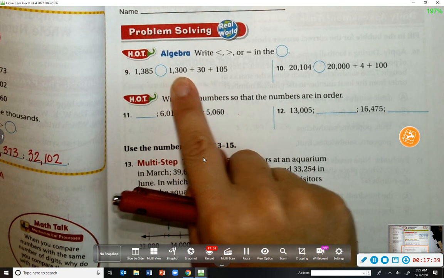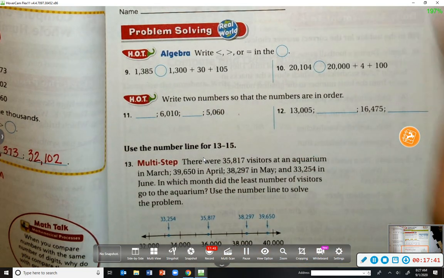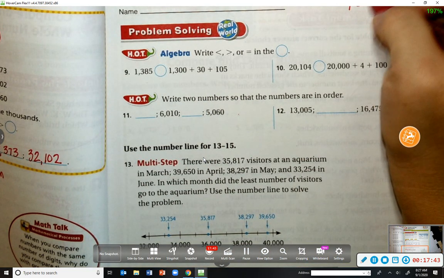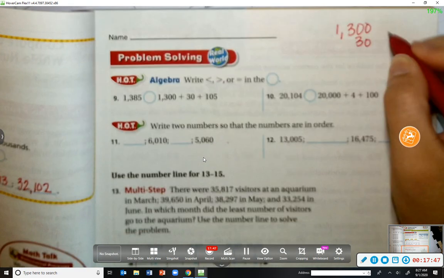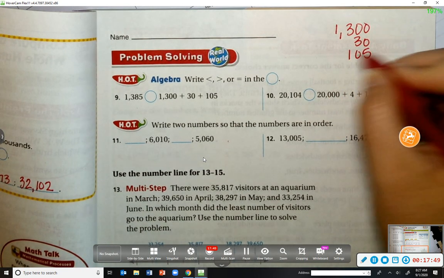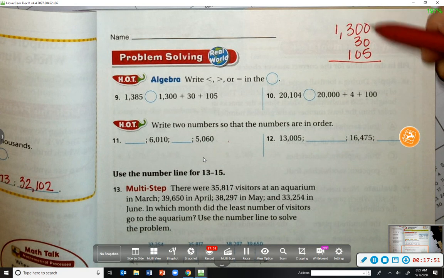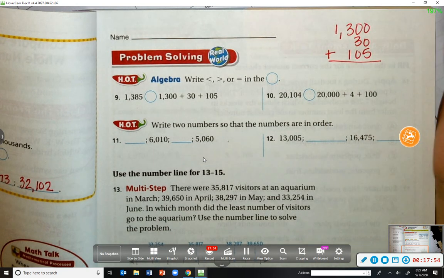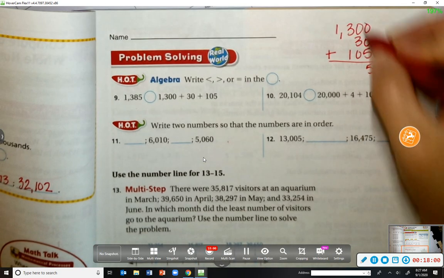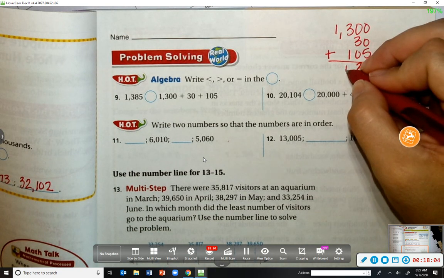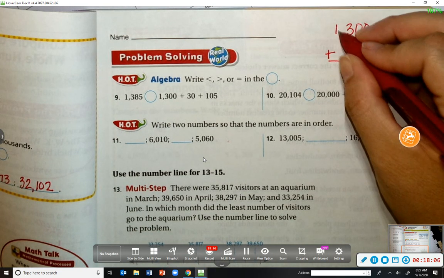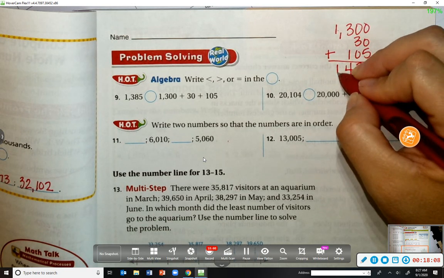So we're going to just add these up like an addition problem. 1,300 plus 30 plus 105. It's really important that you write neat and line these up correctly, otherwise you will get them wrong. So we have 0 plus 5, 0 plus 3, 3 plus 1 is 4, and then 1 plus nothing is 1.